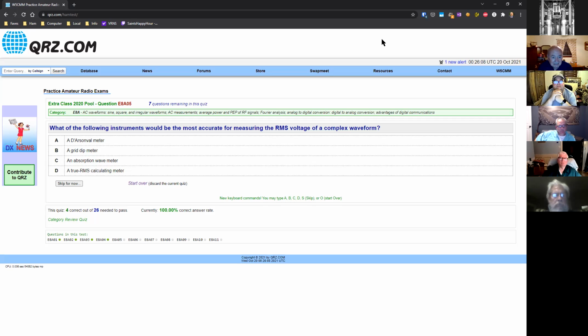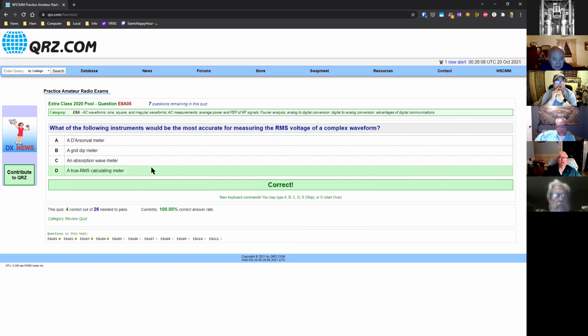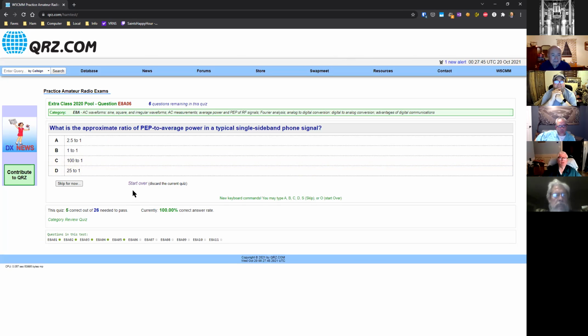Okay, which of the following instruments would be the most accurate for measuring the RMS voltage of a complex waveform? A true RMS. C, like a dog. Yeah. What is the approximate ratio of PEP to average power in a typical single sideband phone signal?